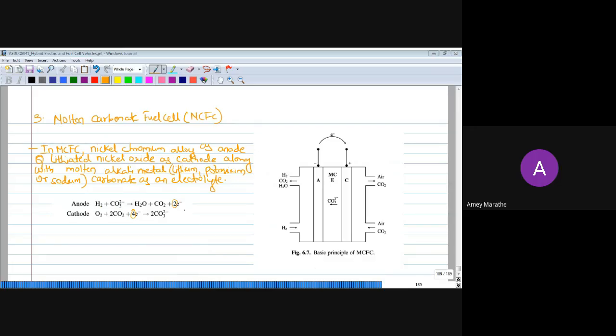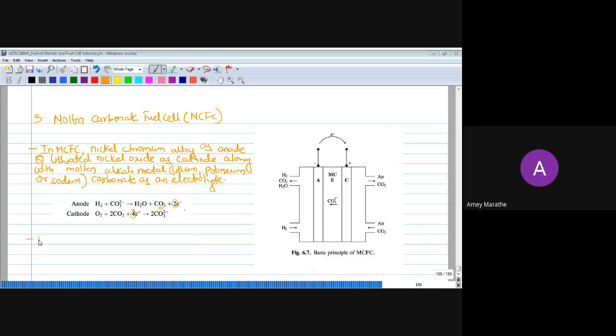Since we are using carbonate as an electrolyte, you will see that there is carbon dioxide which is formed in the entire process. So you have this carbon dioxide which is produced here.